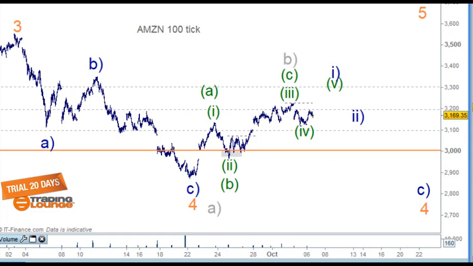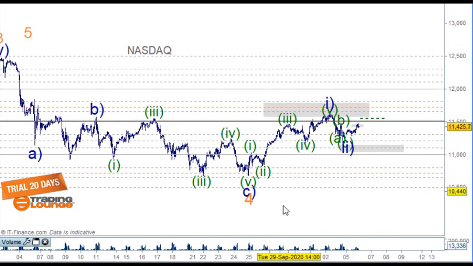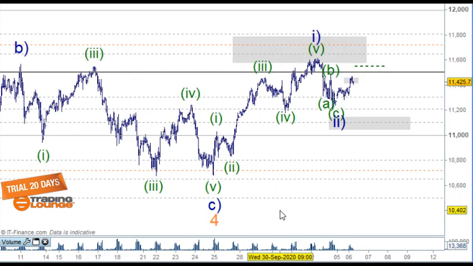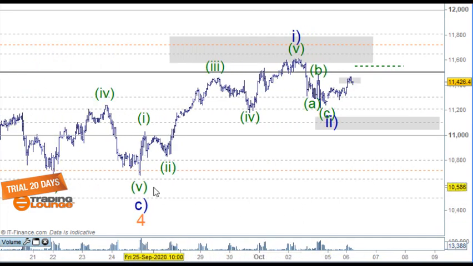If I have a look at the Nasdaq for a second or two, it's the same sort of thing here. We're looking from the top here down as an A and a B and a C wave through to here, and then we're looking for 5 waves up here. I've got 1 and 2 and 3 and 4 and 5 here for wave 1. We're looking for wave 2 to pull back into this space here.